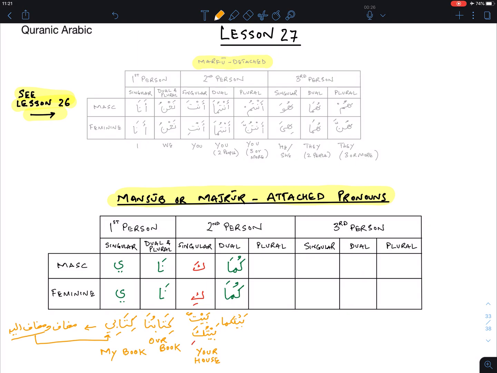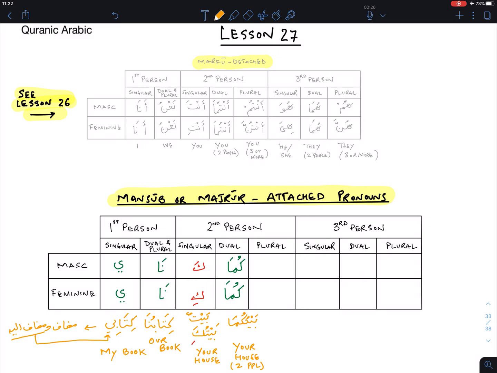Let me write it more spaced out so it's easier to see for everyone. Baytukumā means your house. Again, same meaning, but what would be different here is that it's for two people. When you're addressing two people, you say baytukumā, your two people's house, to literally translate.